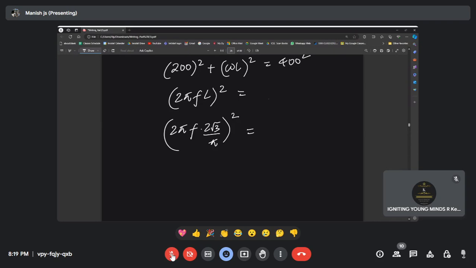How much is that, children? 400 plus 200, which is 600, right? And 400 minus 200, which is 200. So I'm using the identity and solving. And then 2 2s are 4. So 4 root 3 f the whole square is equal to 6 2s are 12, 1,20,000.